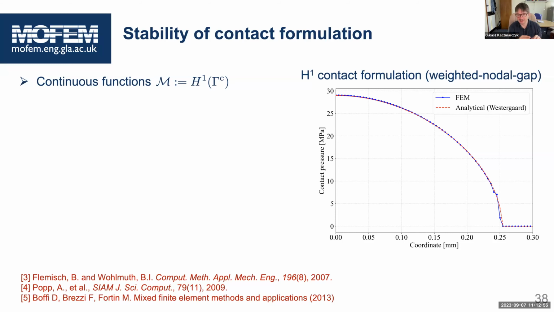You can have a kink, but it will happen inside the element, in the interior of the element. Contact front can be in the interior of the element, and then there is no way you will avoid a numerical error over there. That is okay, because this numerical error will get smaller and smaller when you refine the mesh. But you have to check what effect this error will have on the elements nearby.